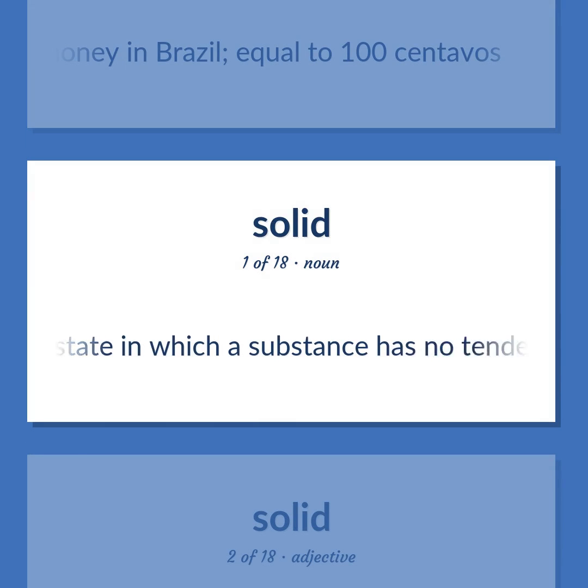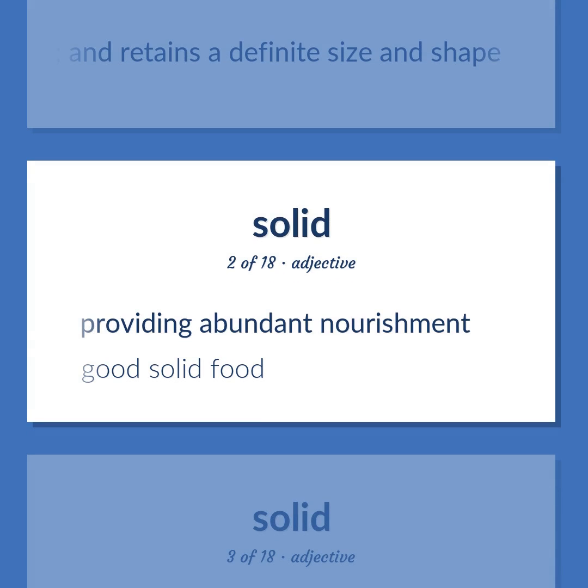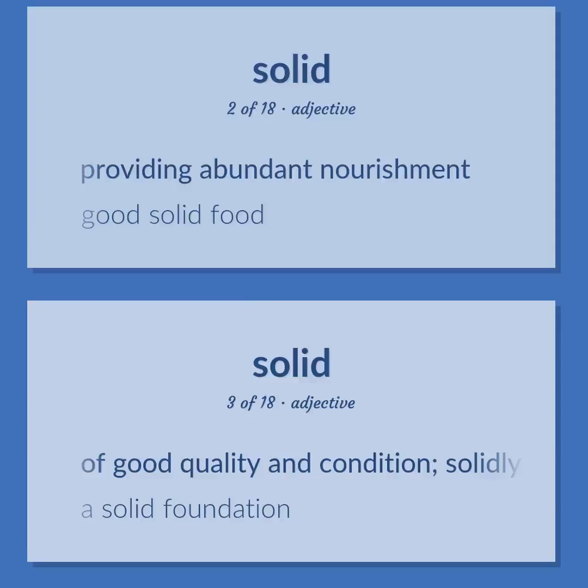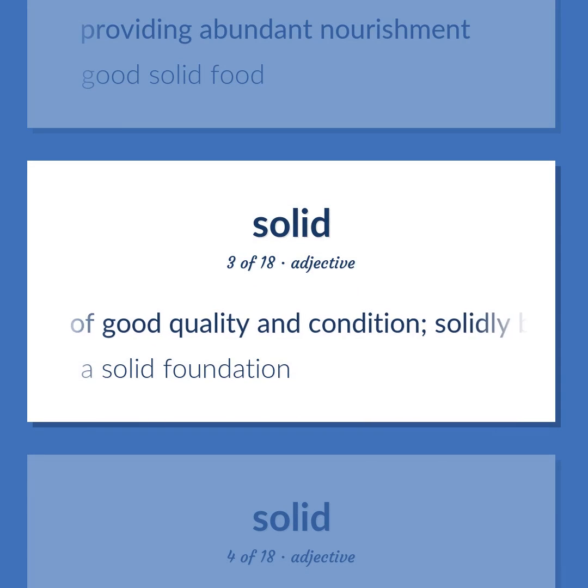Solid: the state in which a substance has no tendency to flow under moderate stress, resists forces, such as compression, that tend to deform it, and retains a definite size and shape. Providing abundant nourishment. Good solid food. Of good quality and condition, solidly built. A solid foundation.